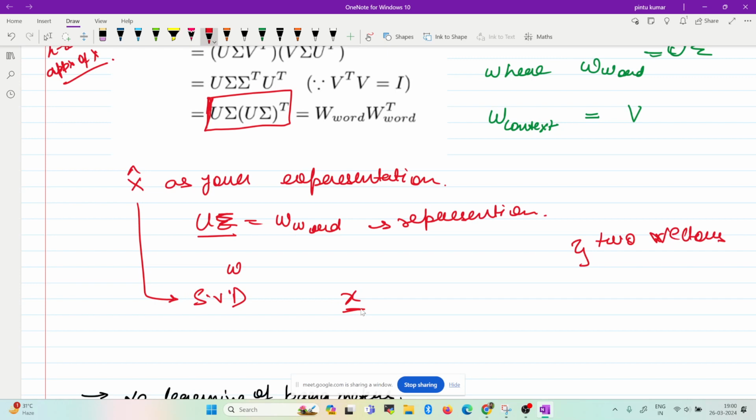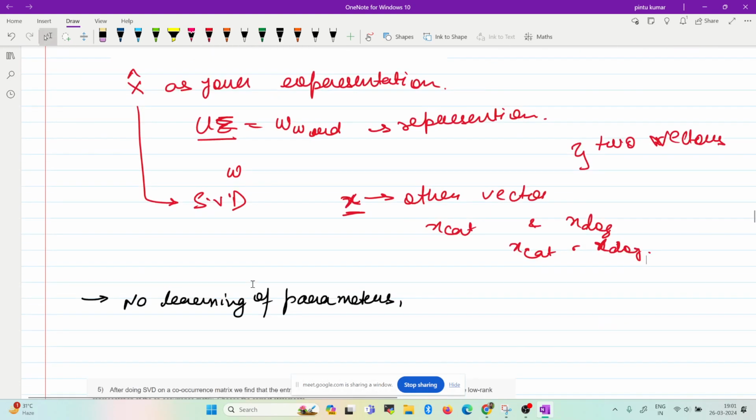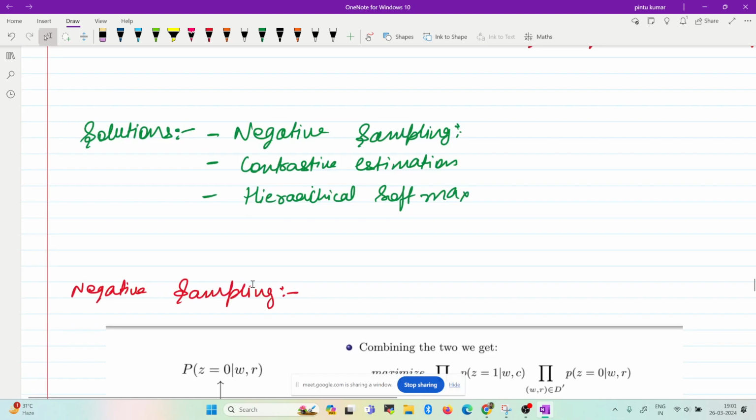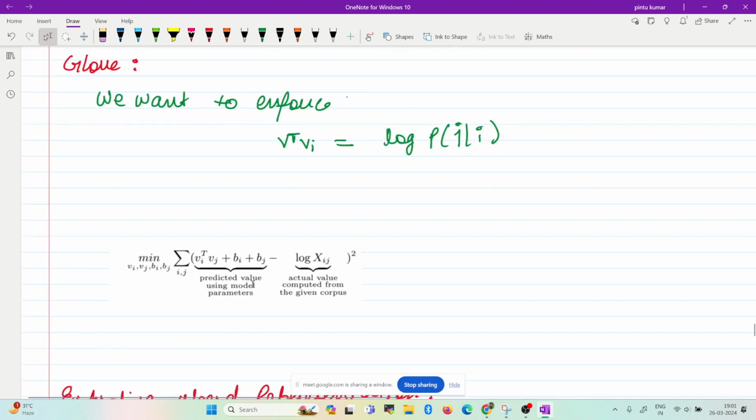And the beauty of this X representation is that you can find its relation with other vectors. So if you have X cat and X dog, you can find the dot product to check how close dog and cat are. I'll come back to this portion. Before that, let's do one thing, then I think it will be much more clear.